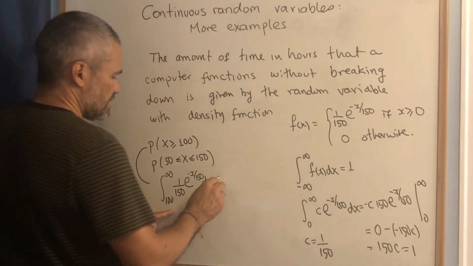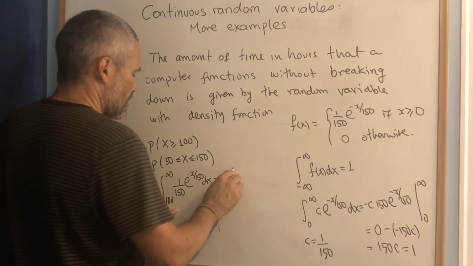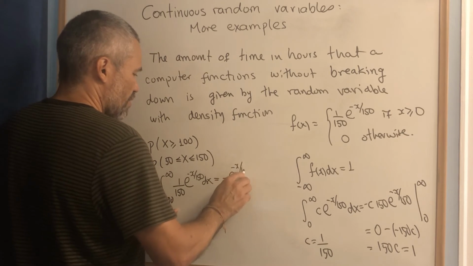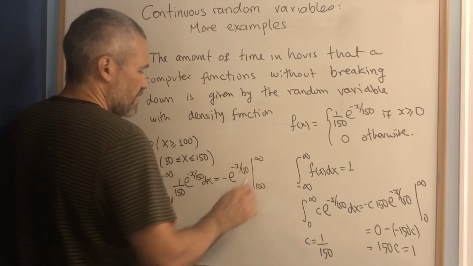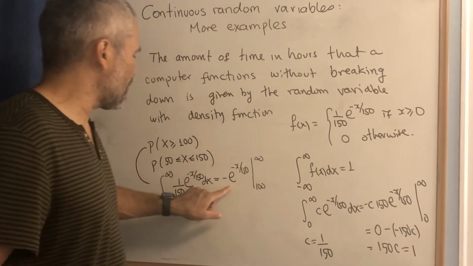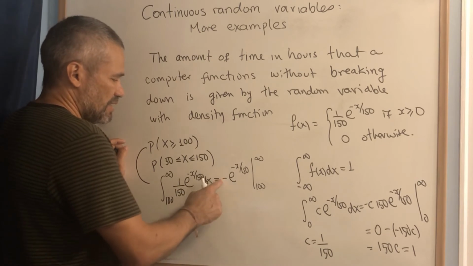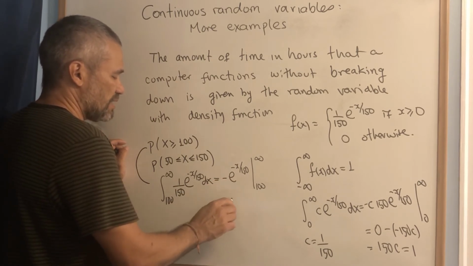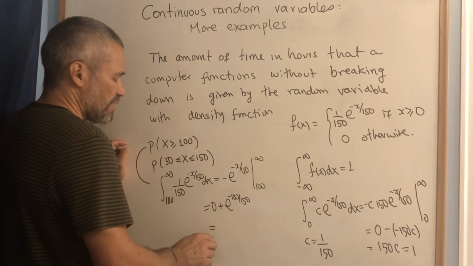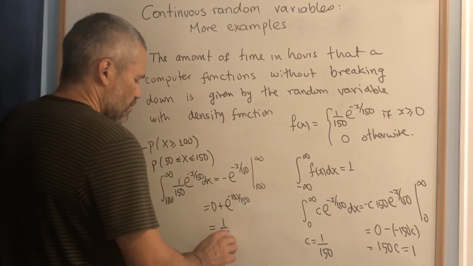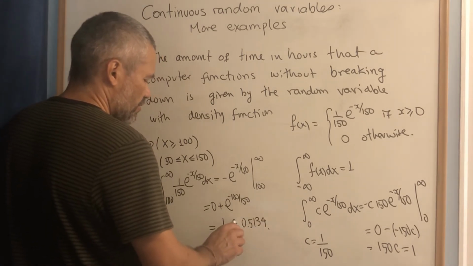And this antiderivative is just negative e to the negative x over 150 evaluated from 100 to infinity. Same argument as the one that I did here. When you evaluate at infinity, that limit gives us 0, and when you evaluate at 100, the negative and negative becomes a positive, so it will be plus e to the negative 100 over 150, and this number is equal to 1 over e to the 2/3, which is 0.5134 approximately.